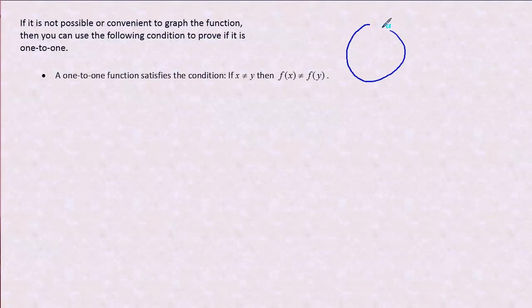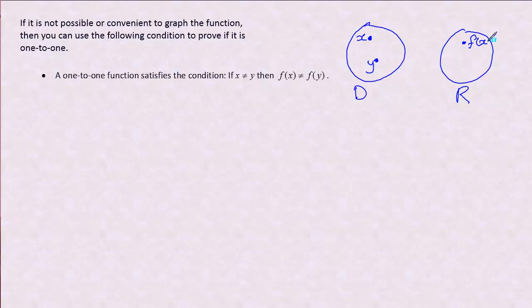So if we consider the domain here and the range over here, if we have an input value here, x, and another input value here, which we'll call y, then over here we have f of x, which is where x maps to when we apply the function f, and we have f of y, where y maps to.